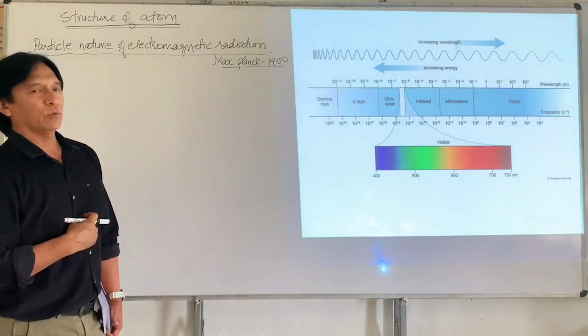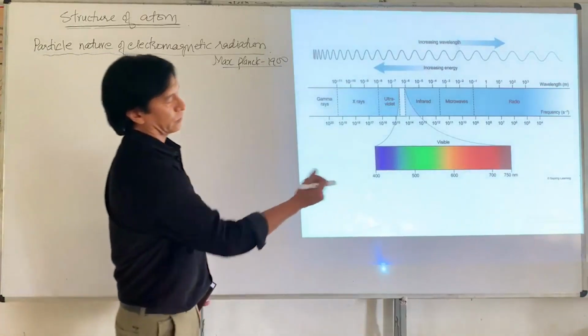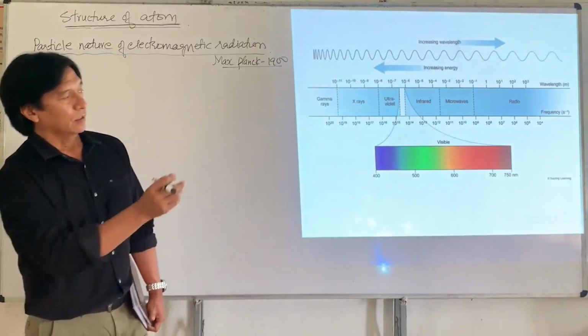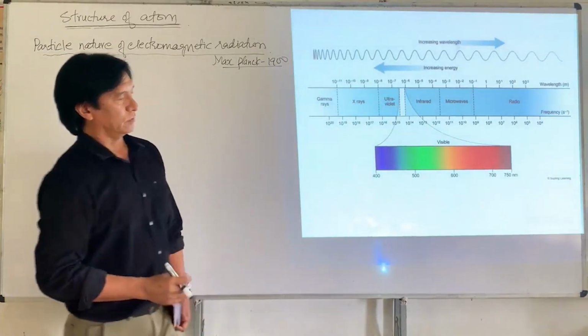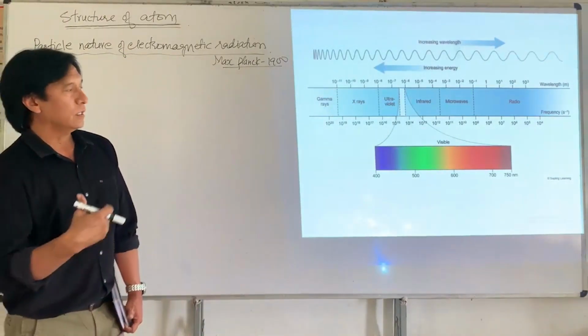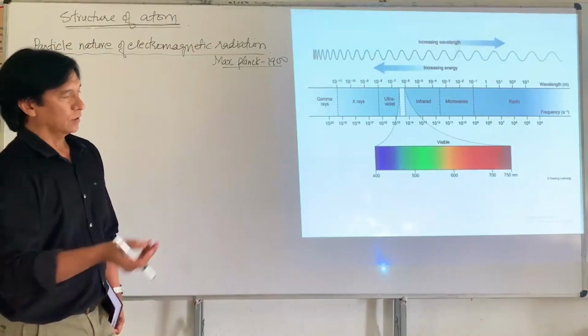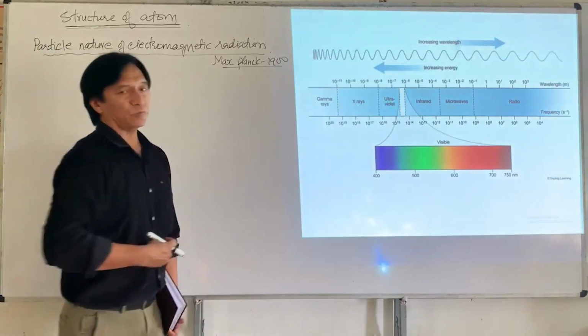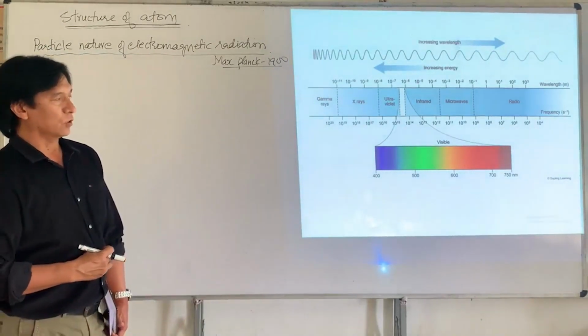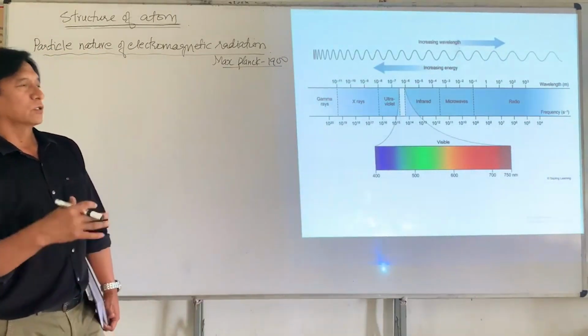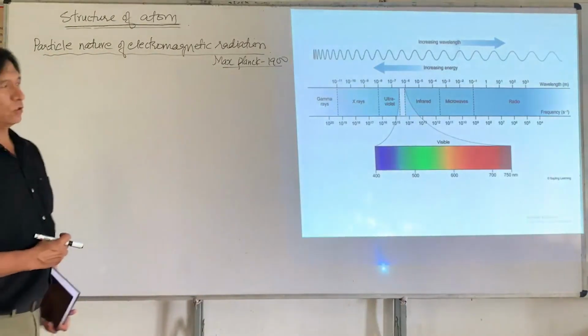And the lower frequencies are seen in the case of the red color component of your visible light. And then the higher frequencies are seen in the case of the blue color component of your visible light. So these are the things that are actually observed.